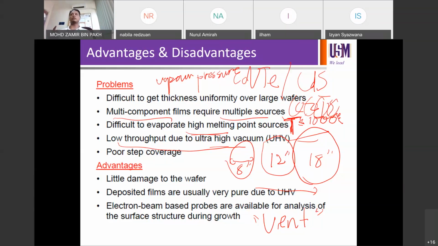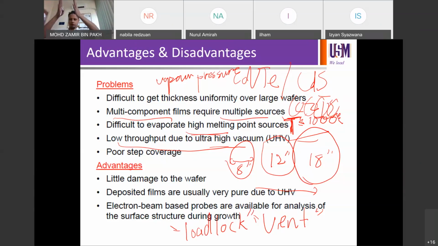So in order to eliminate this problem, people introduce load lock. Mungkin tak nampak, nanti saya try cari video to show you on YouTube maybe. Load lock. Maksudnya if you use a load lock, you don't have to vent the whole chamber, but you're gonna have a channel through which you can remove the sample.